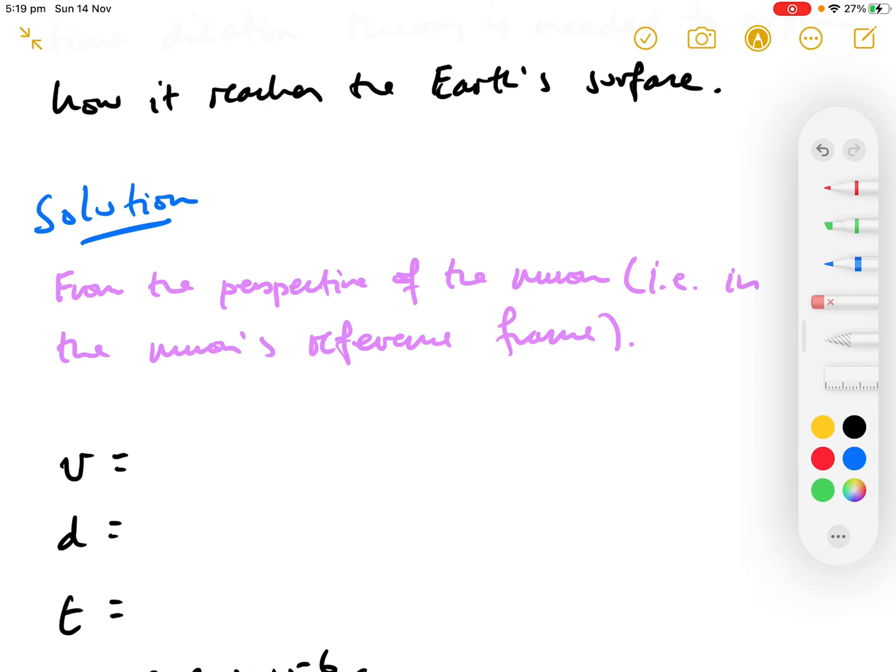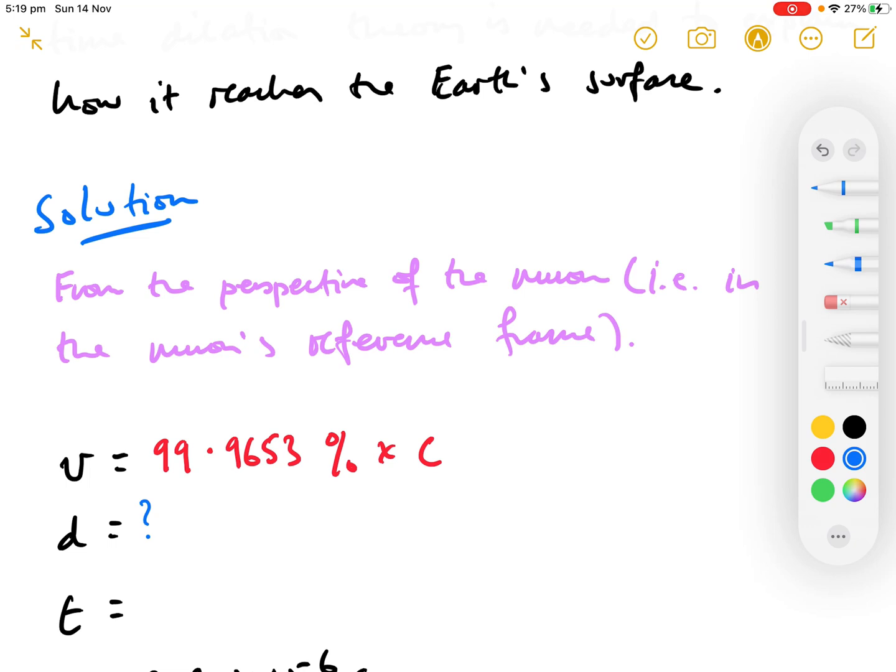As I said, the speed is going to be 99.9653% of c, very much relativistic speed.